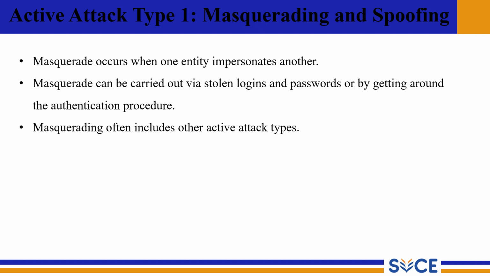The first type of active attack is masquerading, where one entity impersonates a different entity. This can be carried out through stolen logins and passwords or by finding a way to get around the authentication procedure.